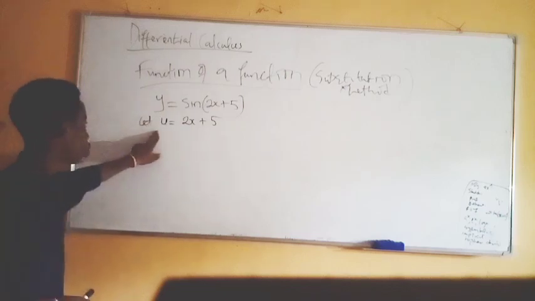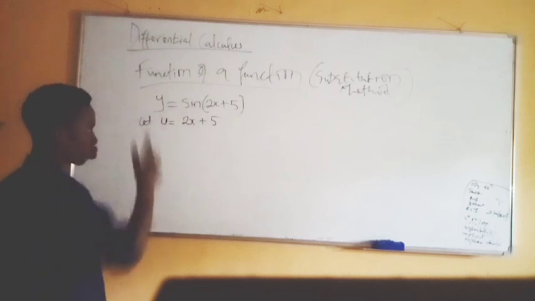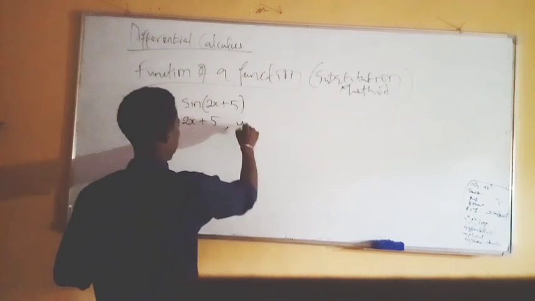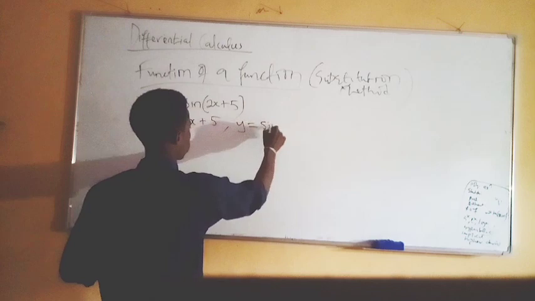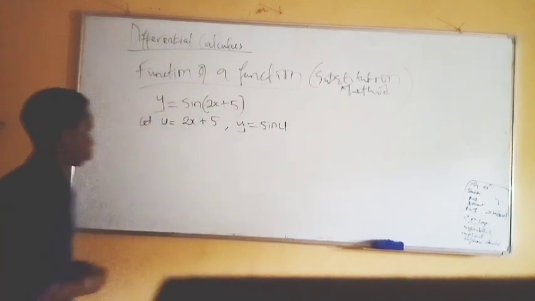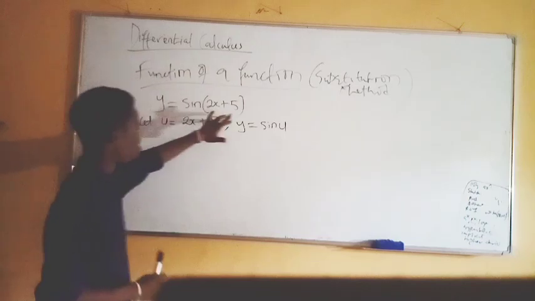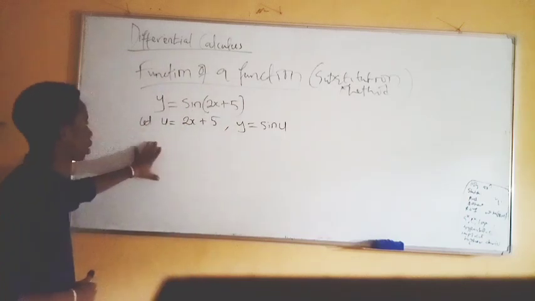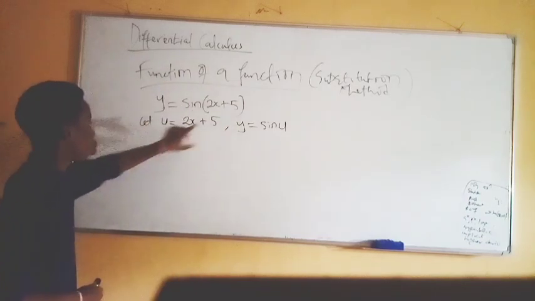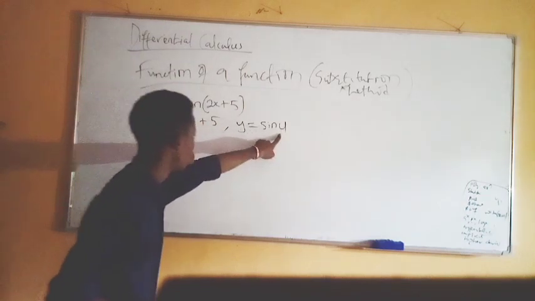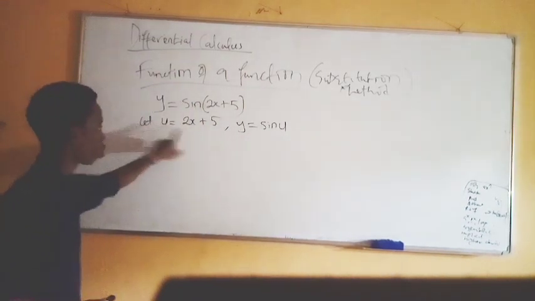If u is equal to 2x plus 5, it establishes one thing, that y therefore is what? Sine u. Have you seen now? It was first a function of a function, but now we have been able to break it down into two different functions: y being a function of u, and u being a function of x.